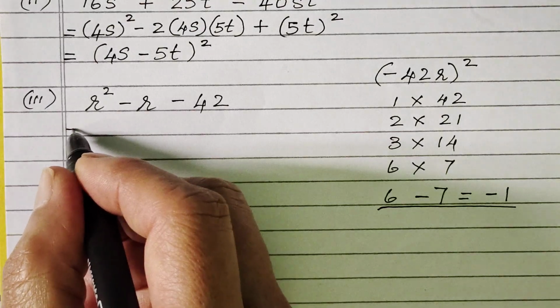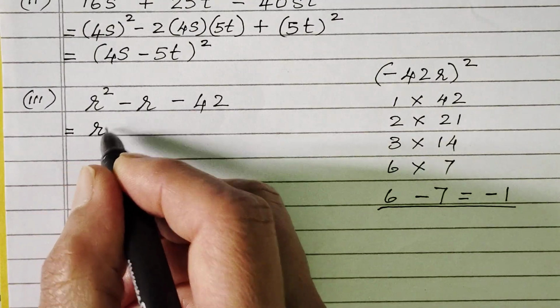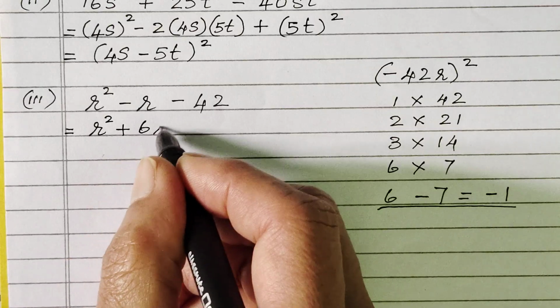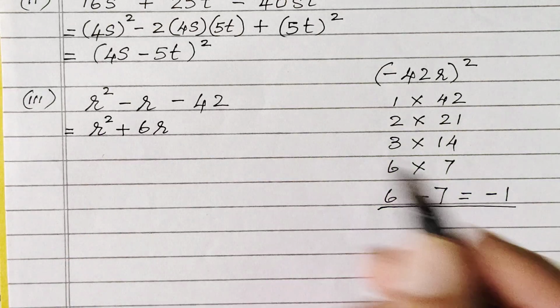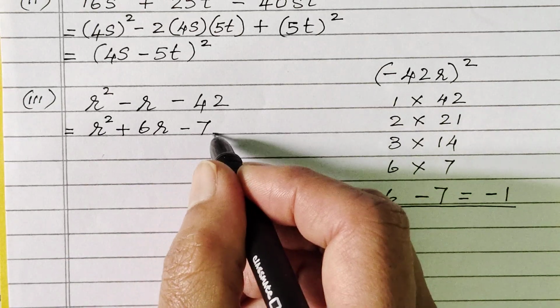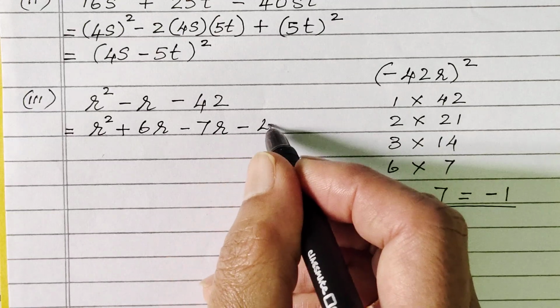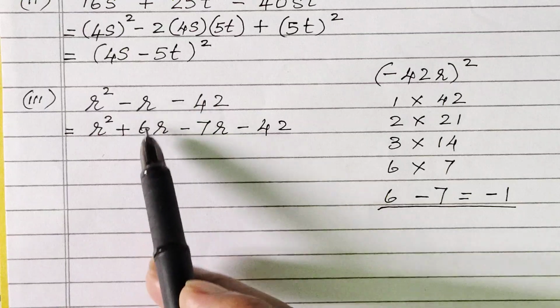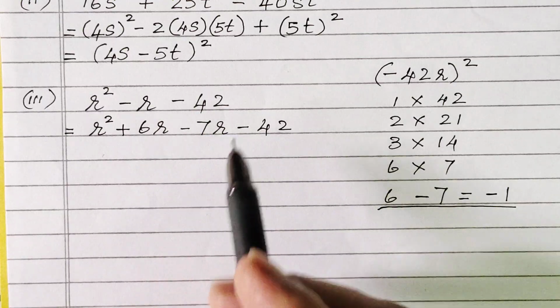So this is equal to r square plus 6r minus 7r minus 42. Here we have split this term into two parts, 6r minus 7r.